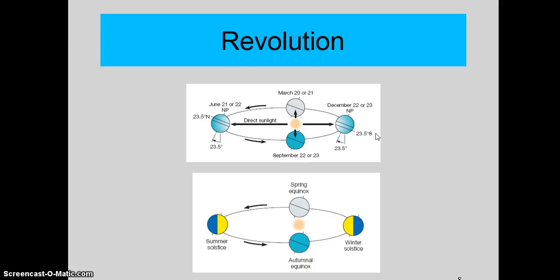You're never ever going to notice precession, so it's not like a daily thing that you'd ever see. So basically the north and south poles of the Earth, this imaginary line that extends from the North Pole and the South Pole into space, never change orientation.